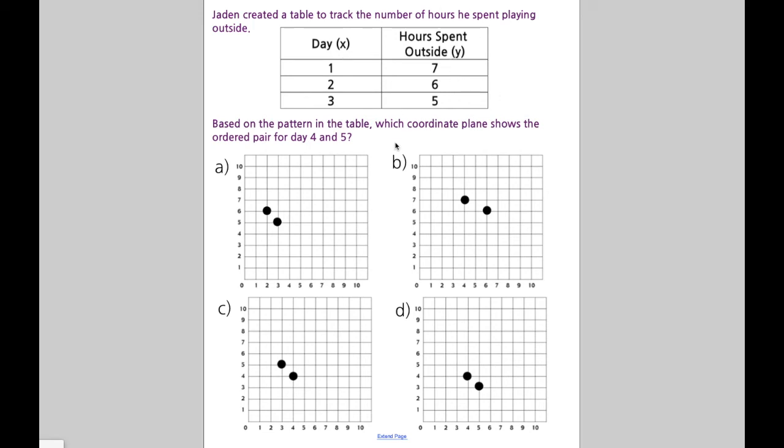It's very important to pay close attention to the directions. The directions talk about day 4 and day 5. However, my days stop at day 3. But since this is representing a pattern, I have to make sure I can continue the pattern. So let's take a look at just the table so we can figure out the points for day 4 and day 5.